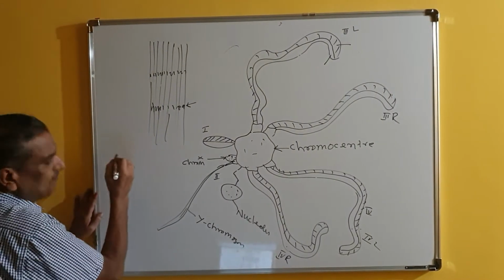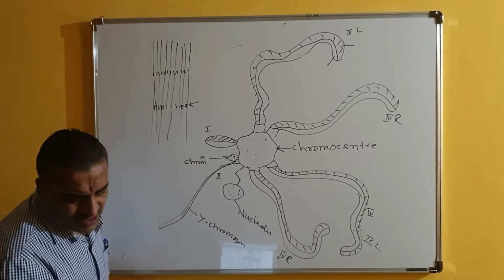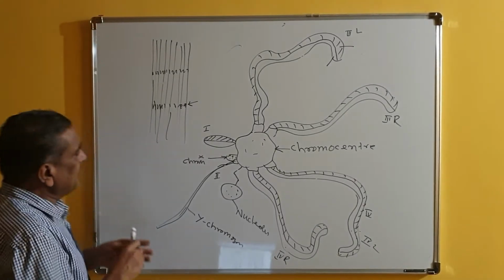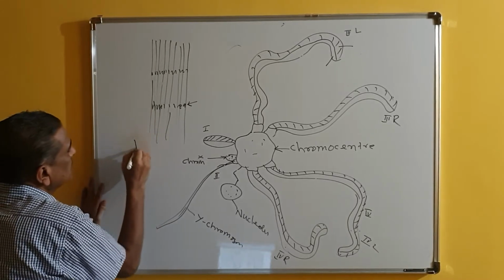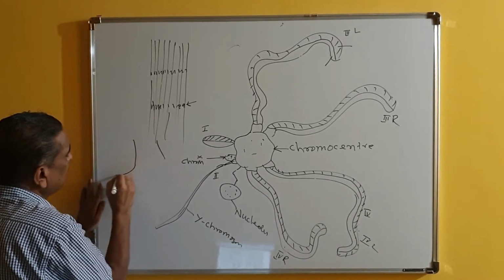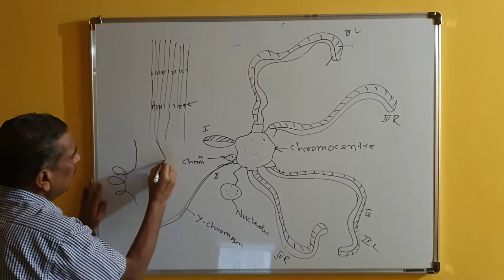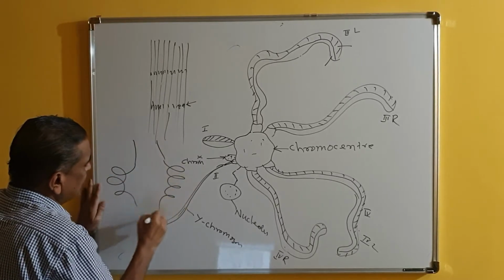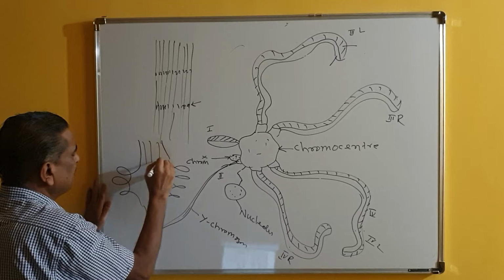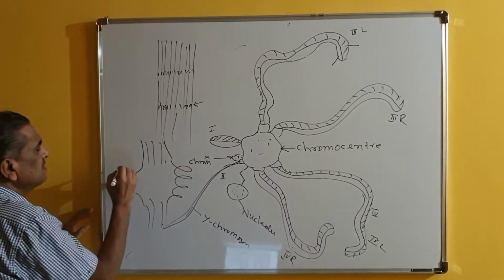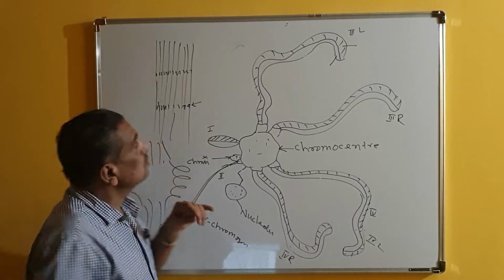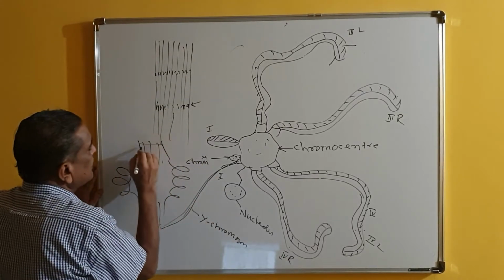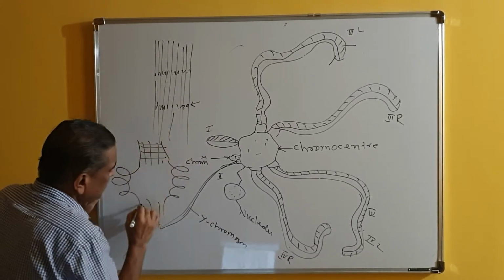But if you observe carefully, here you will find some structures, I'll draw here only. So here you will find some balloon-like structures existing here. So you can find here balloon-like structures, and these are found in the interband area. So you will find the band-like structures here, bands.